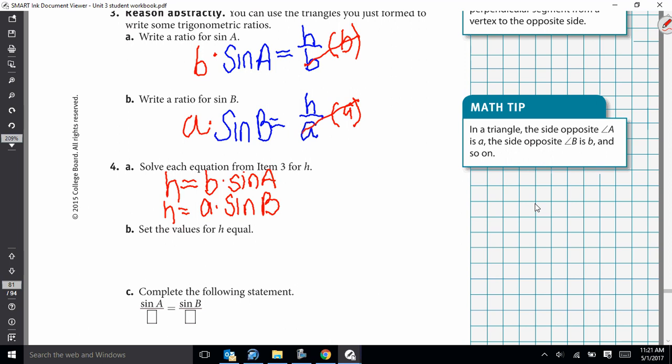They're congruent, they're equal to each other. This is a multiplication in here.